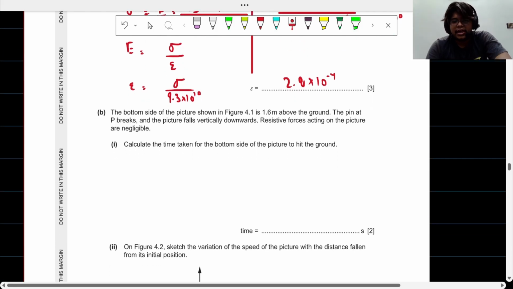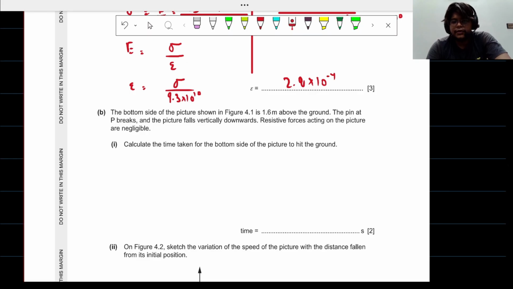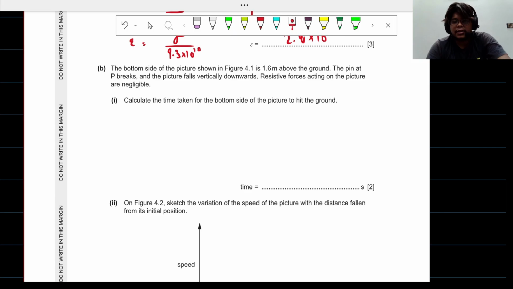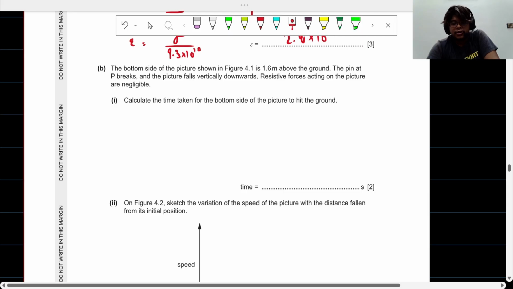Then the bottom side of the picture shown in figure 4.1 is 1.6 meters above the ground. The pin at P breaks and the picture falls vertically downwards. Resistive forces acting on the picture are negligible. Calculate the time taken for the bottom side of the picture to hit the ground. Because there are no resistive forces, we can say that it is falling with the acceleration due to gravity. There is no air resistance.